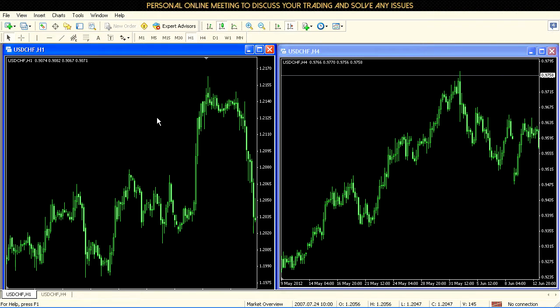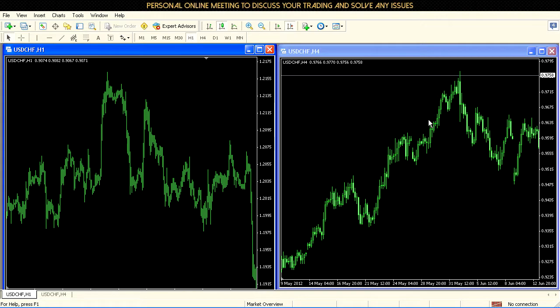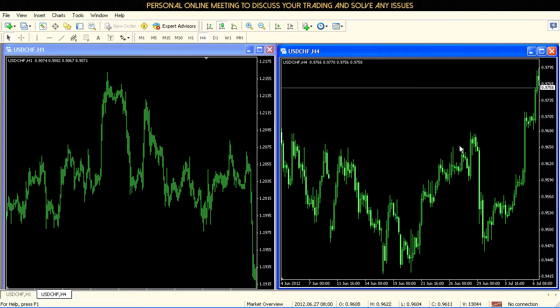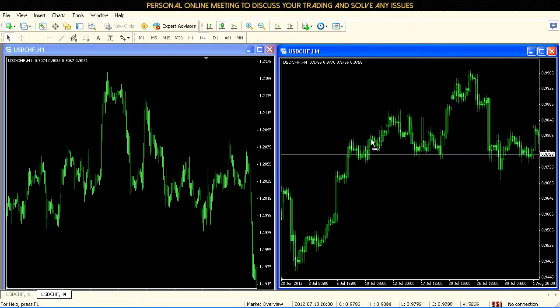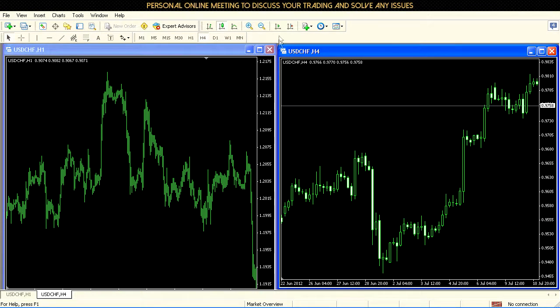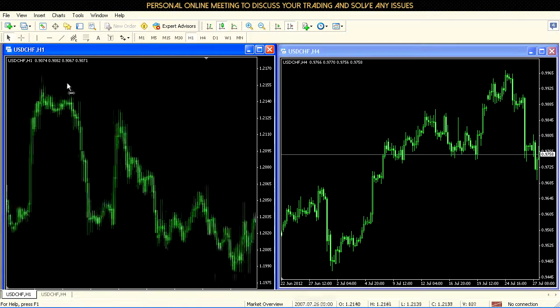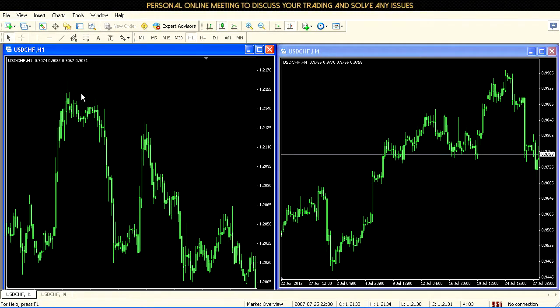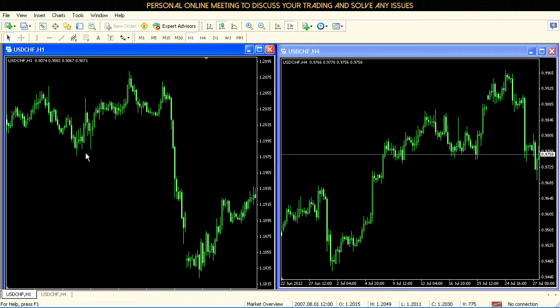To make things easier, let's zoom out the 1 hour chart a little bit to give it more extension. So what happened? We can see basically two identical charts. The picture is the same, both on the 1 hour and the 4 hour chart. If we zoom in the 1 hour chart to the size we are working with, we'll just get a more detailed information, this particular part.